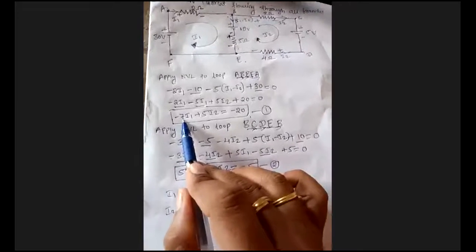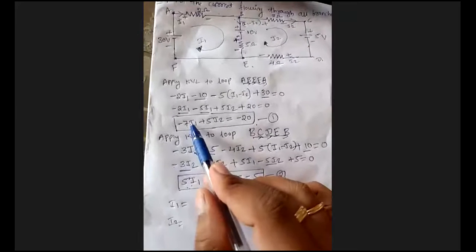Or by solving this one here: minus 7 I1 is there, here plus 5 I1 is there. So for equation 1, you multiply by 5. For equation 2, you multiply by 7 here now. I1 equal to 4.491, and I2 equal to 2.288.